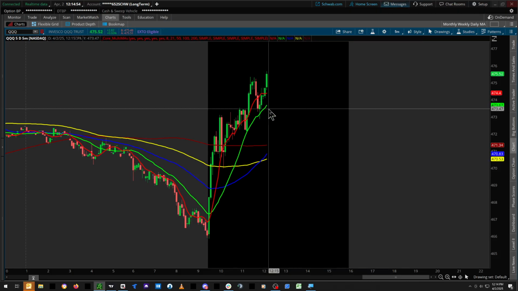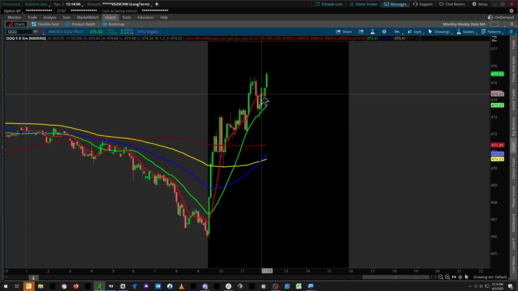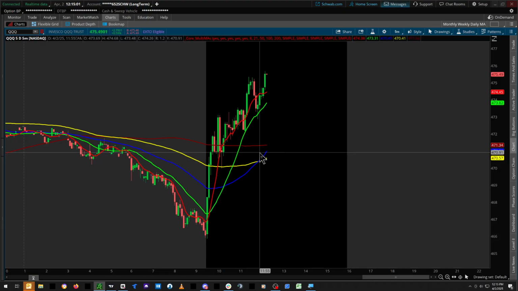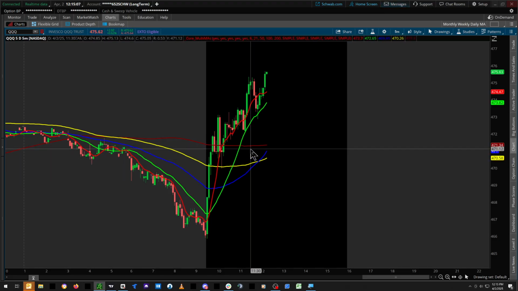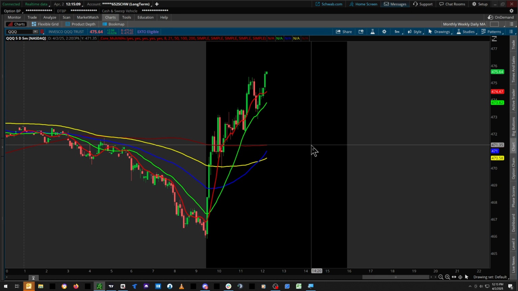Notice I use a red, green, blue for my first. This is my 8 period, my 21 period, my 50 period is in blue. Then I go to yellow and dark red, being the 100 and the 200. People use these as well, but obviously these are dynamic.